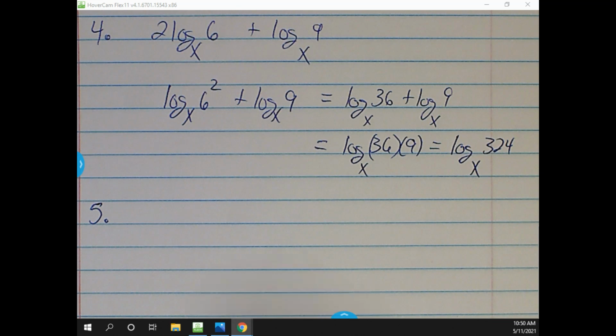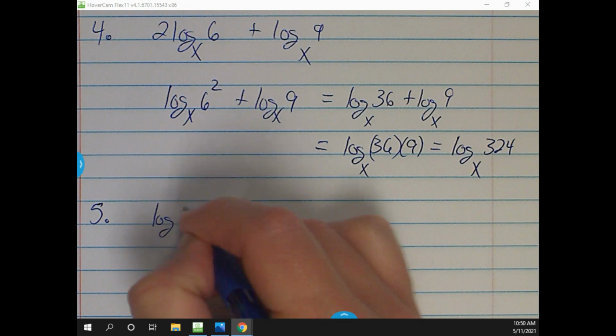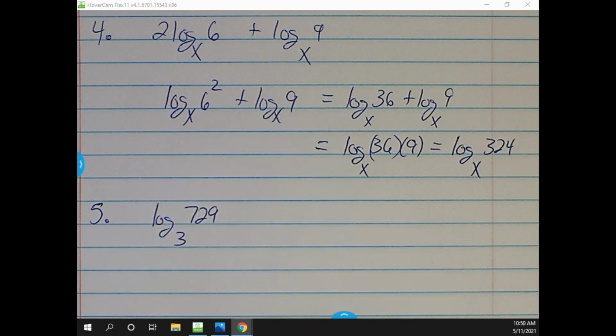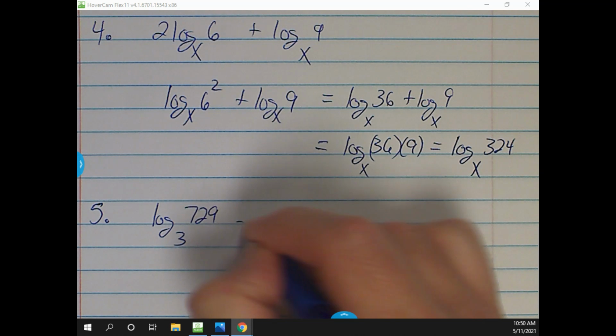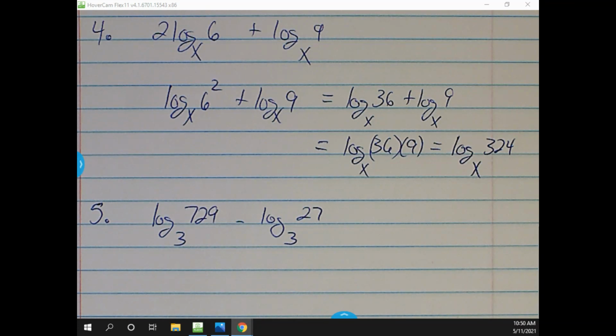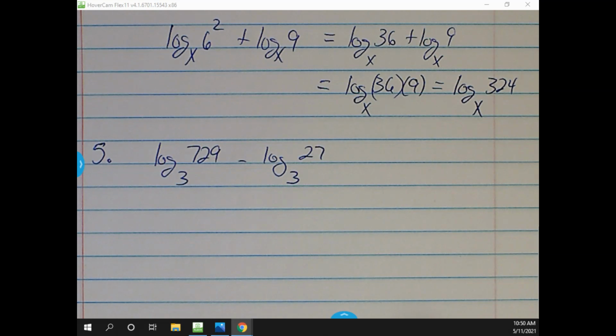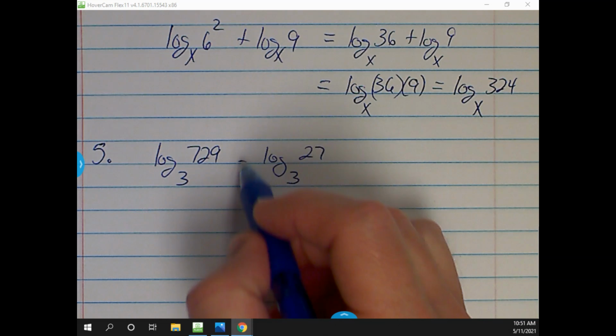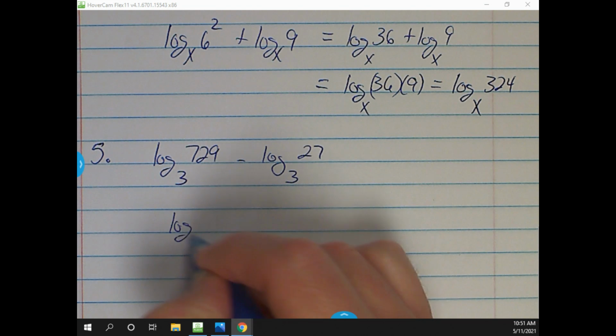All right, last one today. We'll do log of 729 base 3 minus the log of 27 base 3. All right, because of the minus in the middle, put it together.